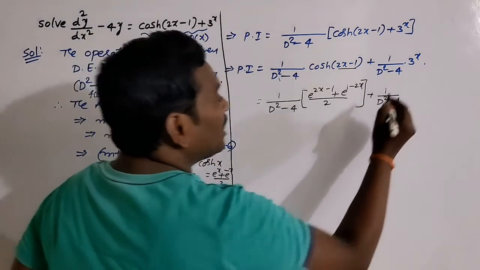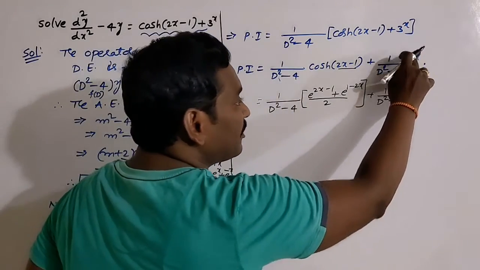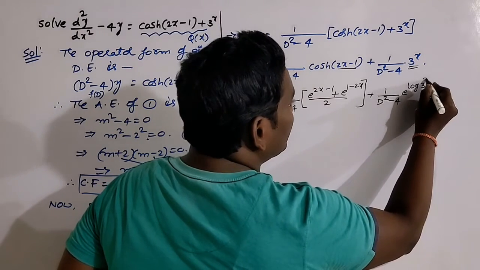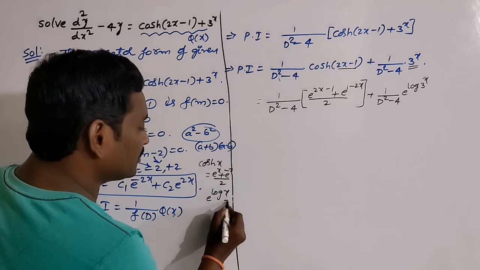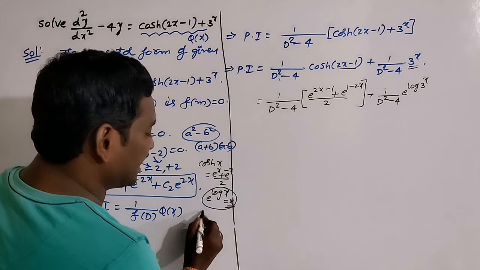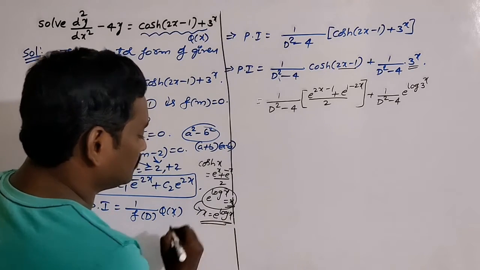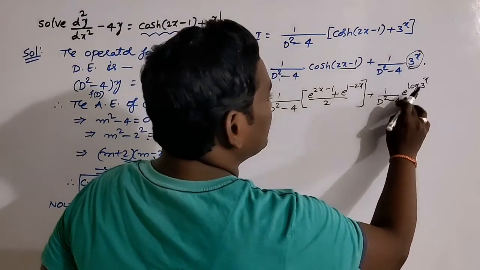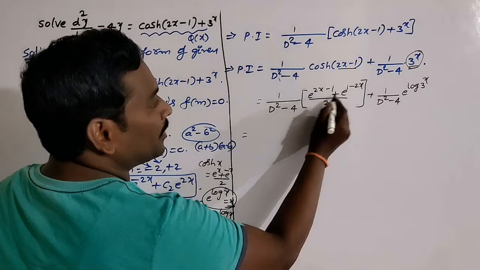Here we do not have an exponential function. That's why I will write this 3 power x as e power log of 3 power x, because we know that e power log x is equal to x. x can be written as e power log x. That's why I am writing 3 power x as e power log 3 power x. So again we have two parts here.